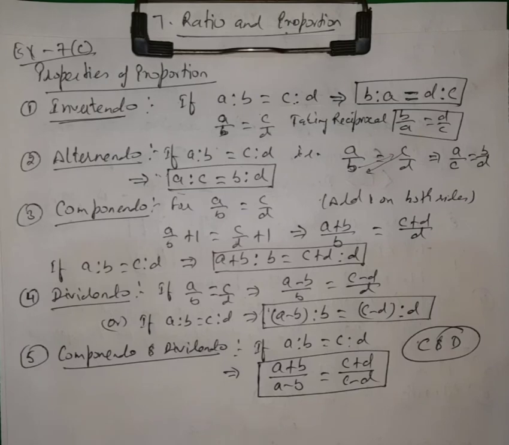Now we have to talk about the applications of all these in our exercise. So now I am taking some of the questions from our exercise. Let us take the first question from exercise 7C.